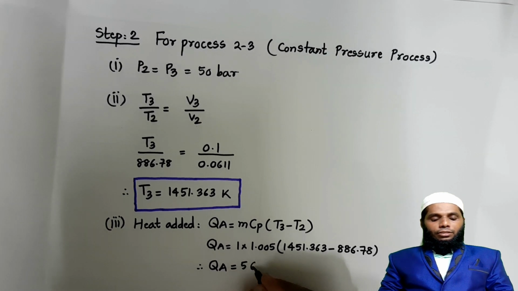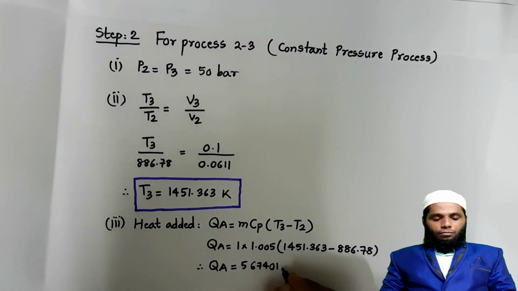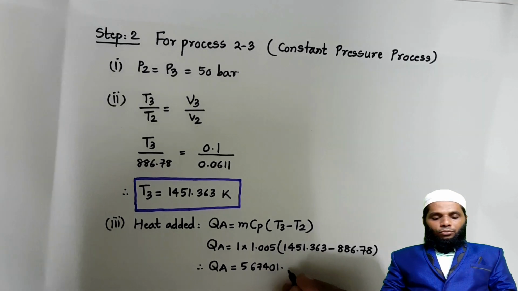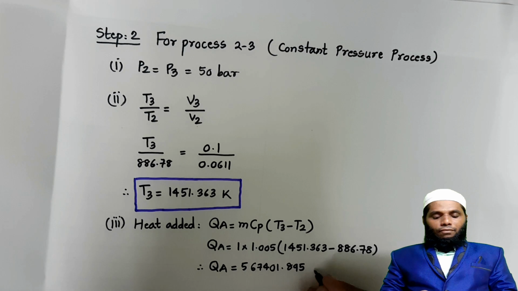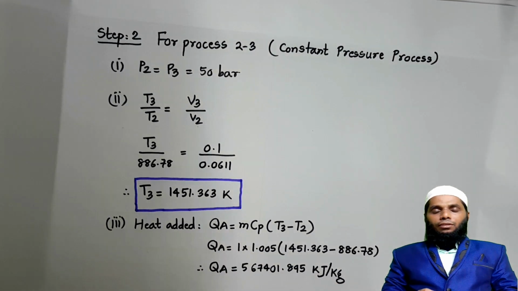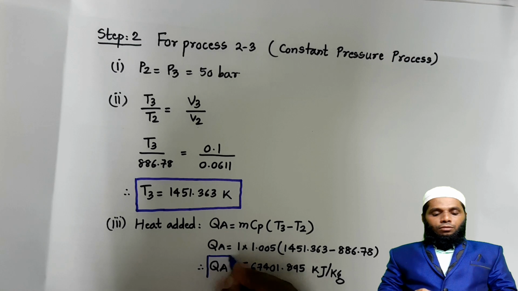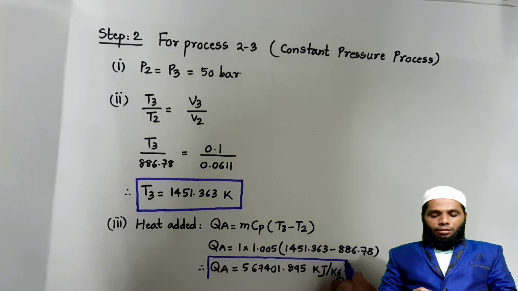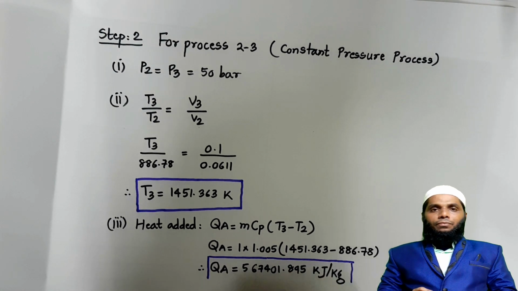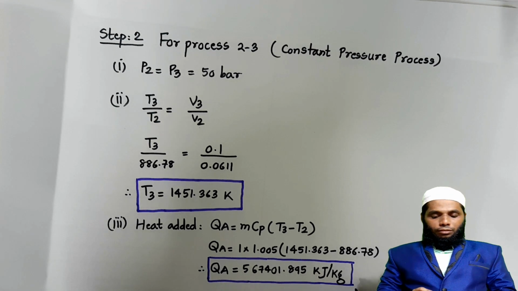So after calculation we have this QA value 567401.895 kilojoule per kg. So this is the heat added during the process 2 to 3.